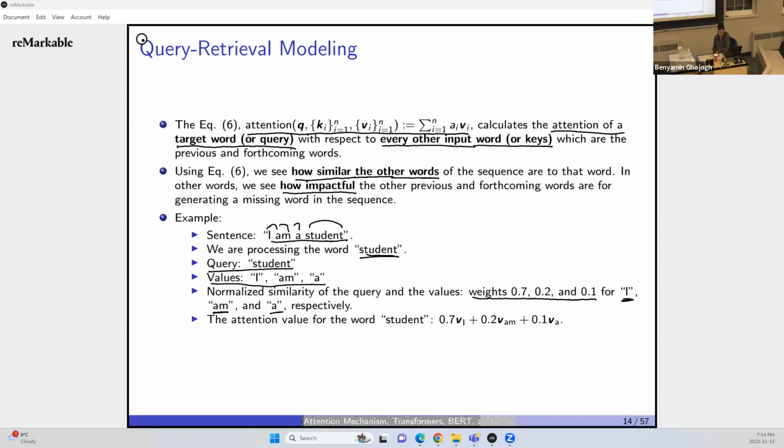Basically, it says that 0.7 is the similarity of student and I, 0.2 is the similarity of student and am, and 0.1 is the similarity of student and a. And as you see, they sum to 1. The attention then becomes 0.7 times the value of I plus 0.2 times the value of the word am plus 0.1 times the value of the word a.